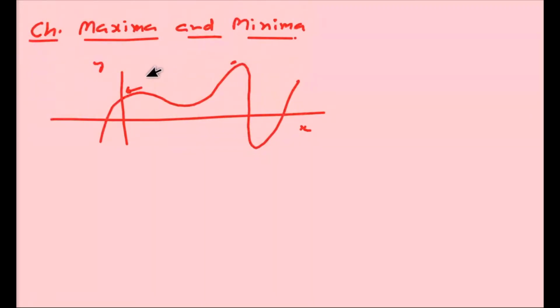These points are known as peaks, and these points are known as valleys. Students, these 2 points in this graph are peaks and these 2 points are valleys.